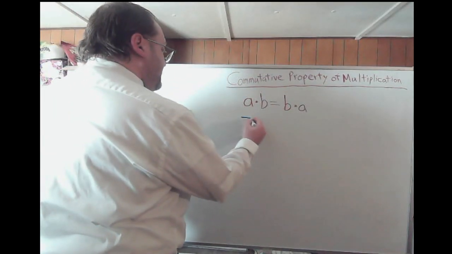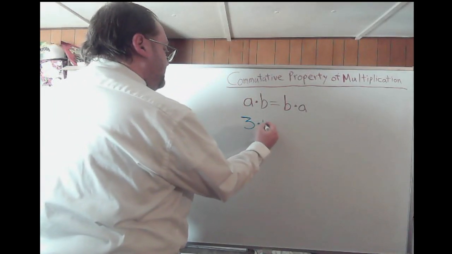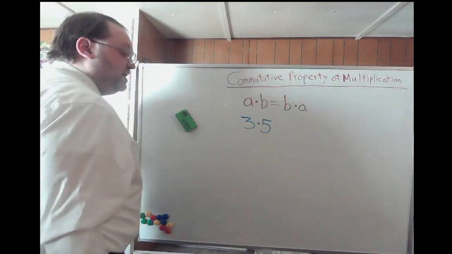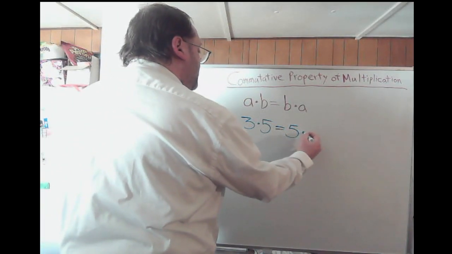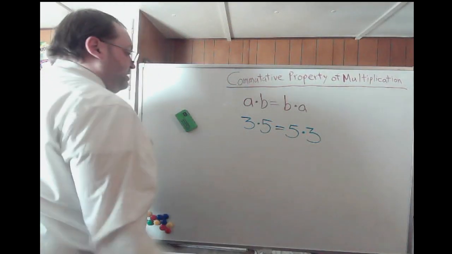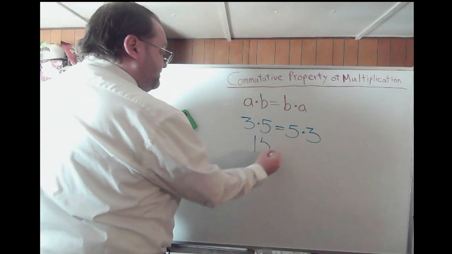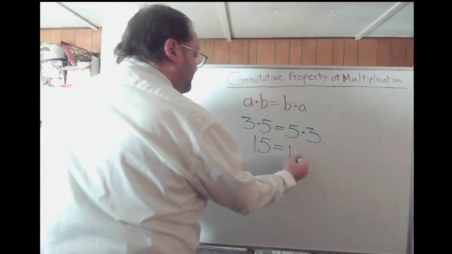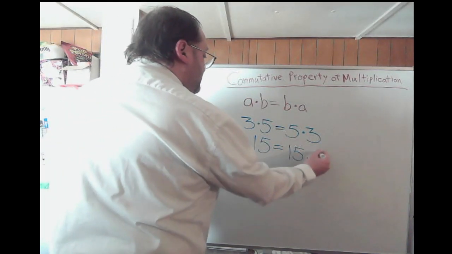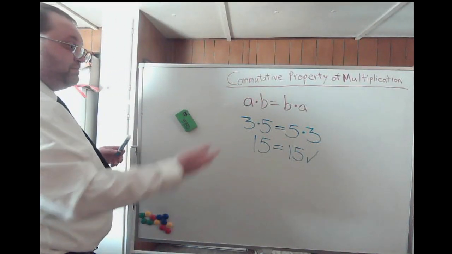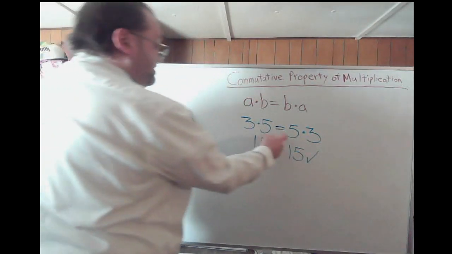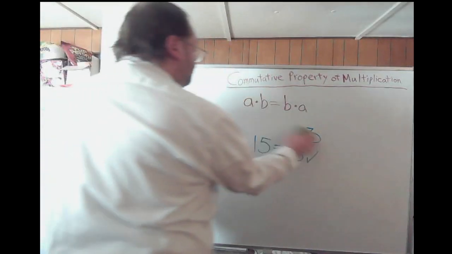So let's say we had 3 times 5, right? 3 times 5, well, that's equal to 5 times 3. Because, well, 3 times 5 is 15. We know 15 equals 15. If the left side equals the right side, you have a true statement. Therefore, yes, 3 times 5 does equal 5 times 3.